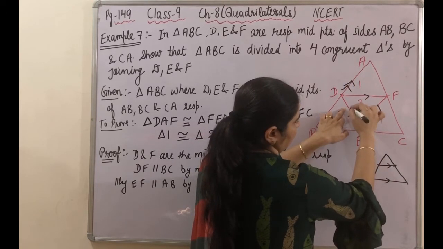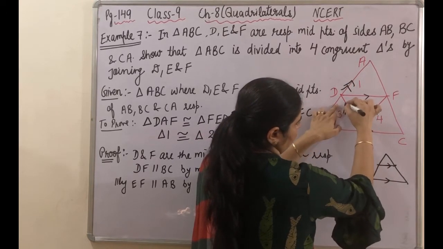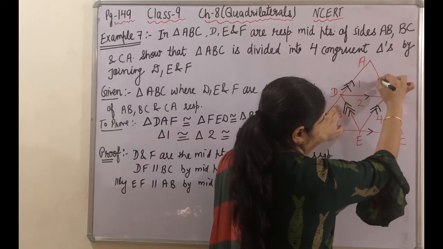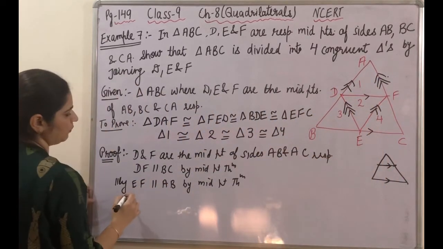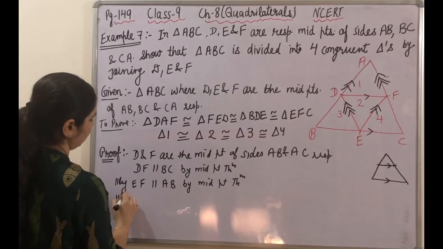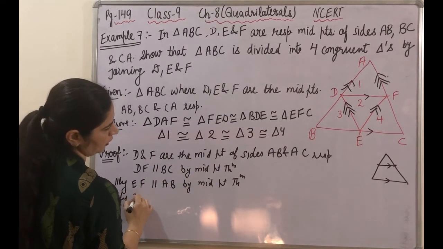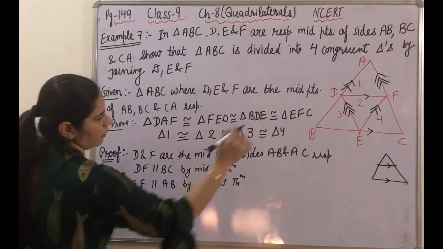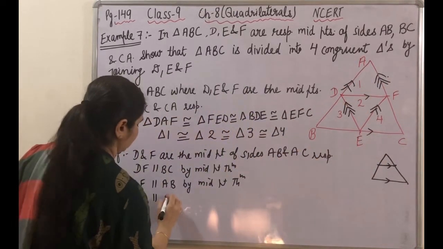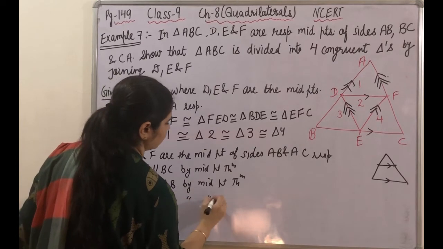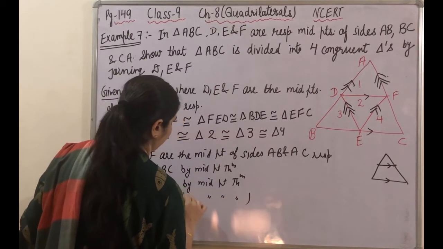I can say these 2 are parallel. So, because D and E are the midpoints, similarly I can write DE is parallel to AC, again by the midpoint theorem.